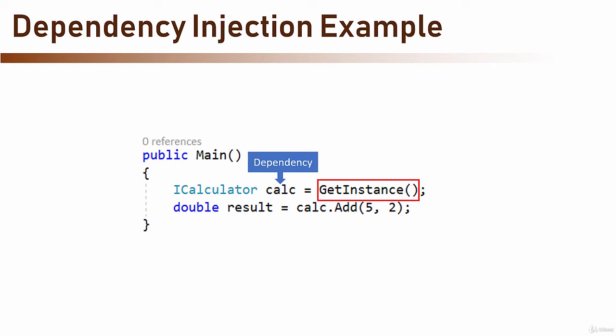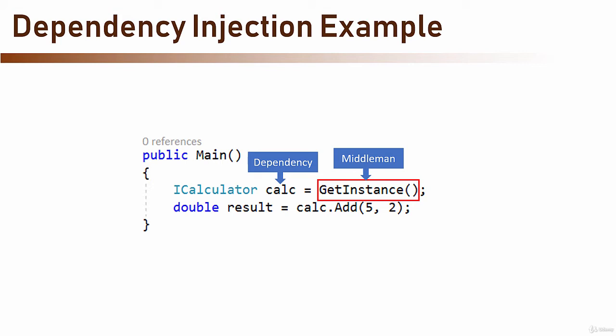Note that the main class has no idea what class it is. It can be the class we saw previously or a completely different one. The only thing known is that this class implements the required interface. This way, we created a middleman between the main class and the calculator class, or in other words, we eliminated the strong coupling between the two, making our code much more modular and flexible.